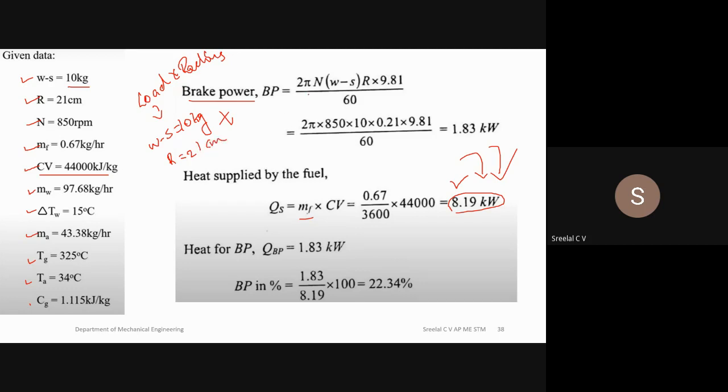So here we will be substituting the 2 pi, and N is given as 850 rpm, into 10 into 0.21 divided by 60. Can you please tell me why we are multiplying by this particular 9.8?